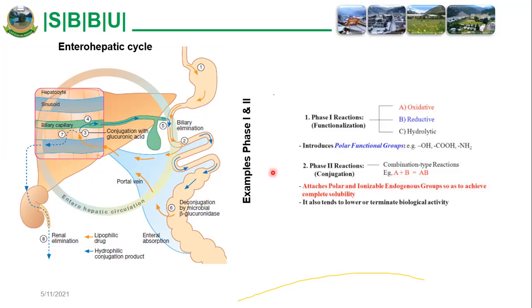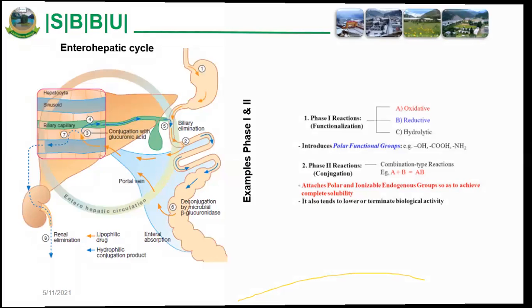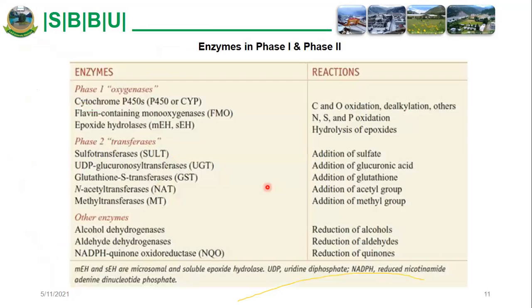As I mentioned in my lectures, these can eliminate or lower the biological activities of most of the compounds. And this is the enzyme part. Mostly they use enzymes in phase 1 and phase 2, especially phase 1 reactions. Phase 1 oxygenases, transferases or other enzymes can also be used.